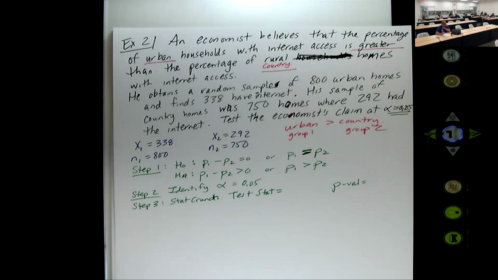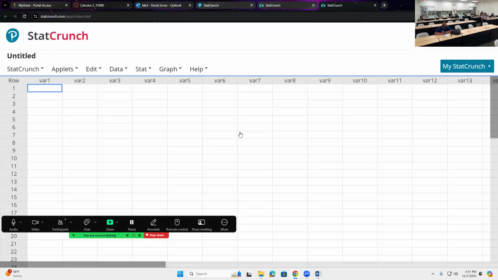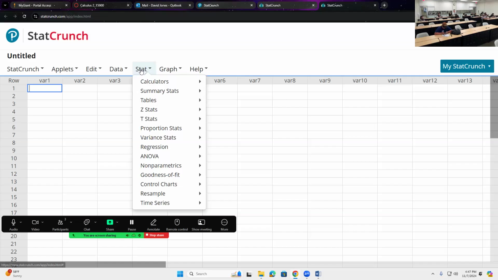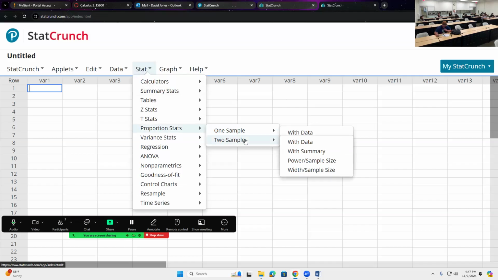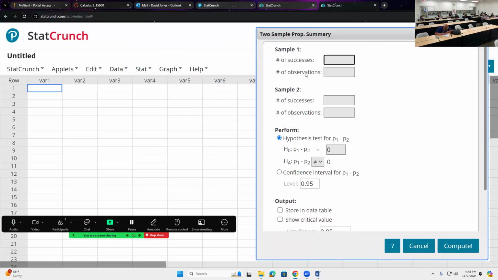Ready? StatCrunch open. Alright, we're going to go Stat, Proportion Stats, Two Sample, With Summary. They give us sample one.